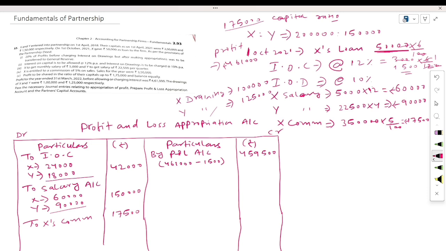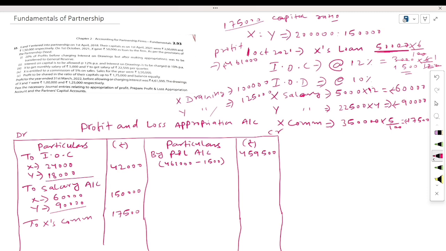Now what do we have to do? First of all, we have to transfer 20% of the profit before charging interest on drawing. Still we have not charged interest on drawing. After making the reserve, we will charge interest on drawing. 20% of the net profit before charging interest on drawing, but after making appropriation.